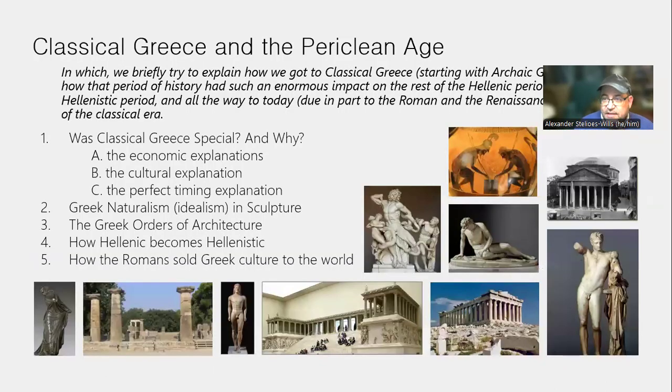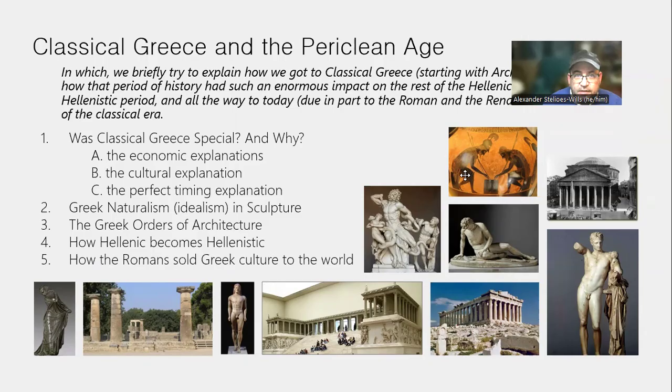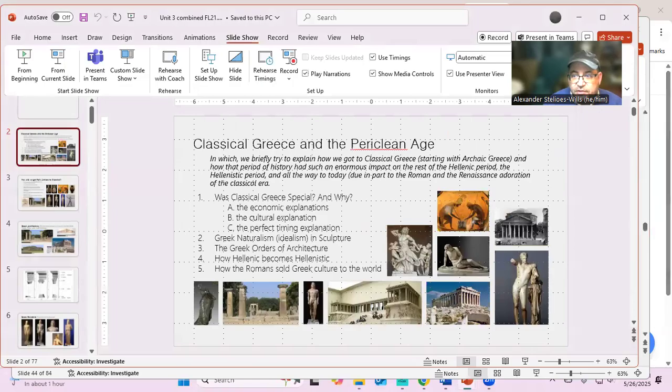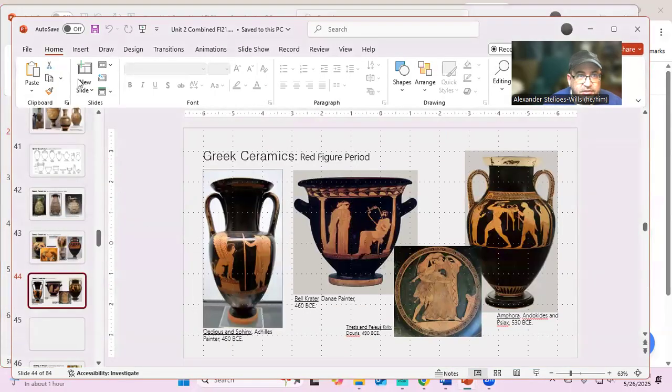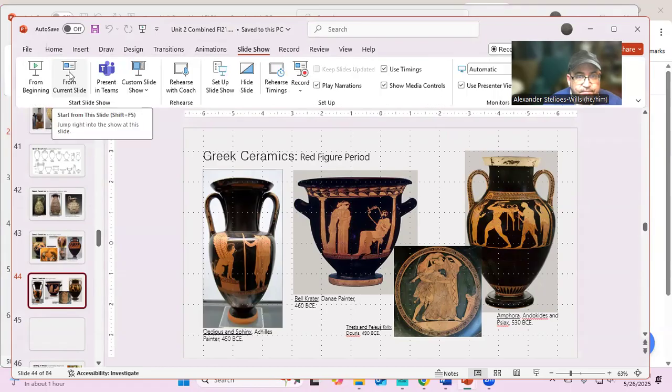Now, getting back to classical Greece, as you can see here on this page, we're talking about the classical period. There's one piece of Greek ceramics here, but we've already seen some Greek art. So we're going to switch PowerPoint lectures for a second and look at this one.